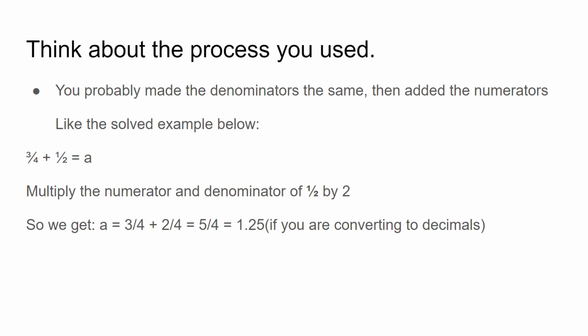Here you can see I got 5/4, and if you see I just did basic fractions, making the denominators the same, and then adding the numerators right after. And you can see I got 5/4 or 1.25 if decimals are needed for some reason.